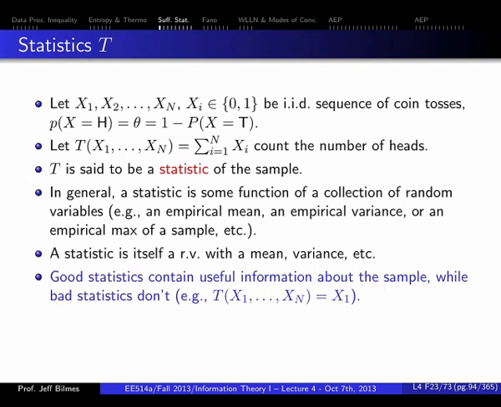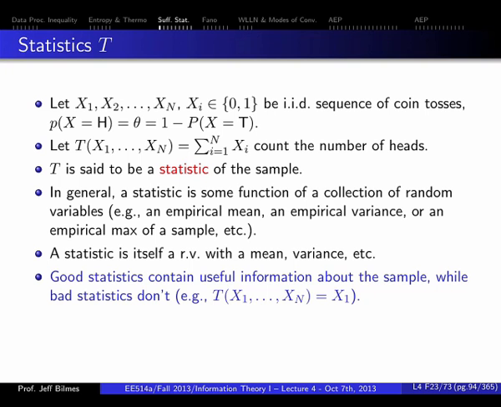So good statistics in general, as we will see, tell you something about the sample, some property of the sample. And bad statistics don't. For example, if t of x1 just gives you back x1, it's completely ignoring most of the sample. And as n gets big, it tells you very little about the sample.